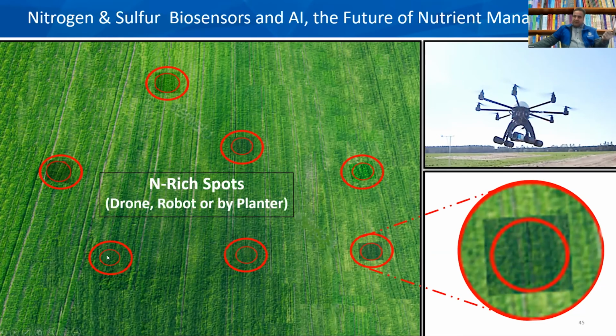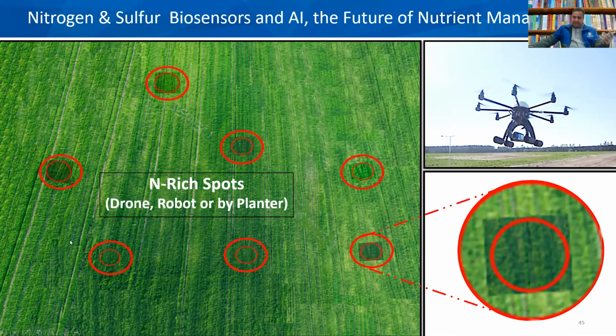So we compare this area with the zone we have around it. If we see really good improvement, we consider this one as having potential for application. We have potential to apply nutrient here and we will get improvement.